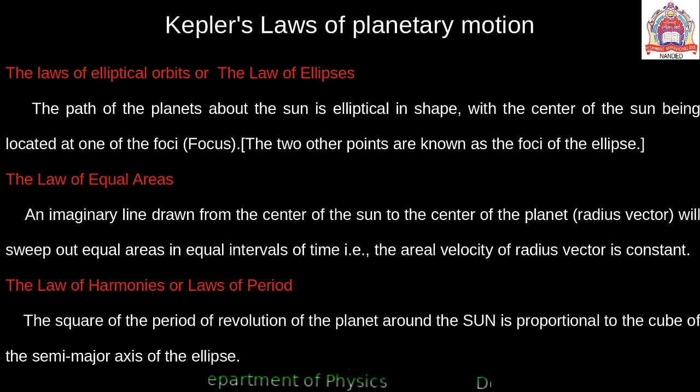And Kepler was able to summarize the carefully collected data of his mentor Tycho Brahe with three statements that describe the motion of planets in a sun-centered solar system.